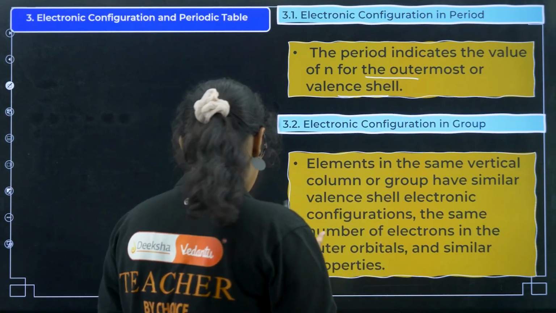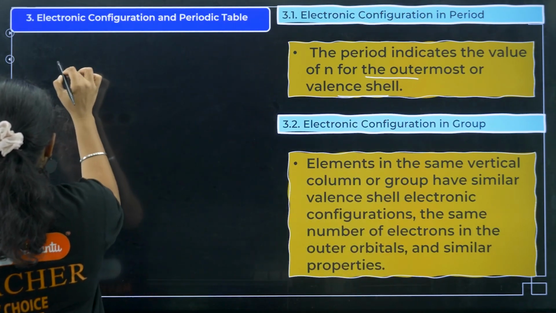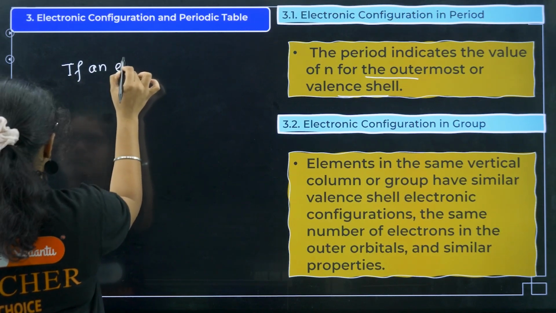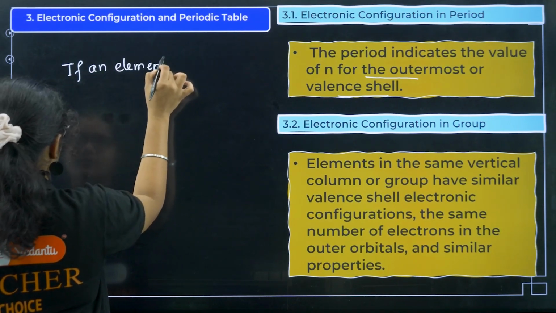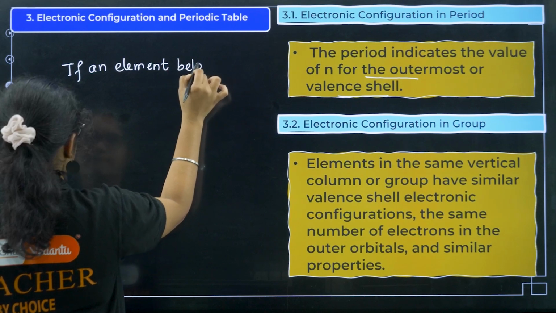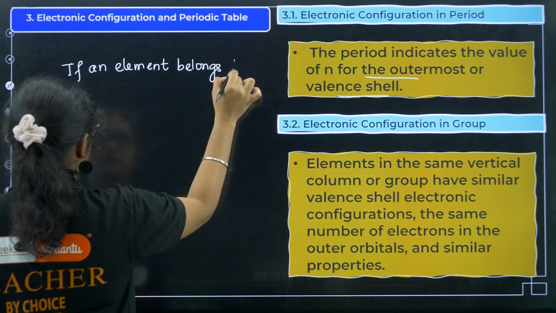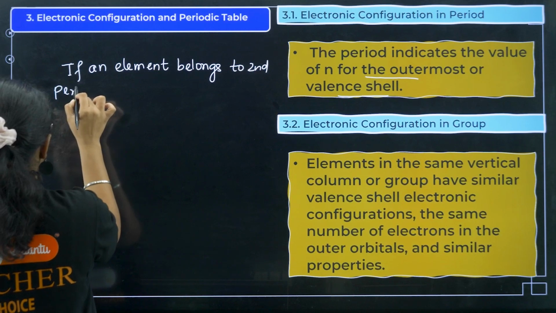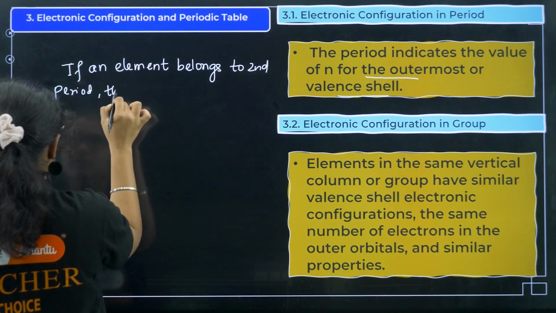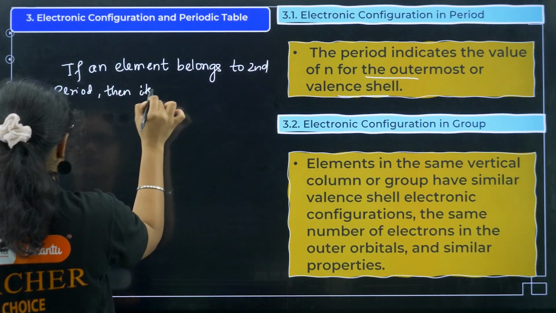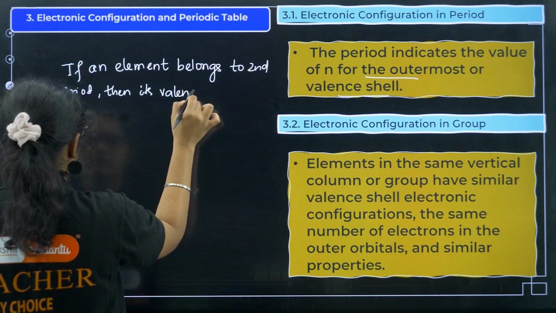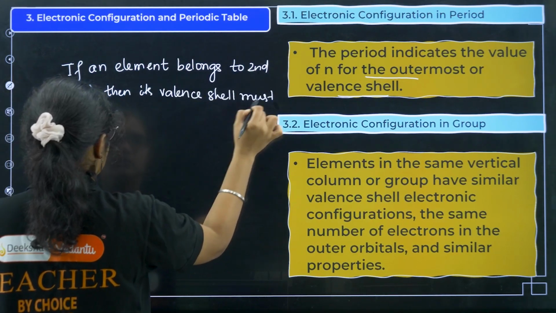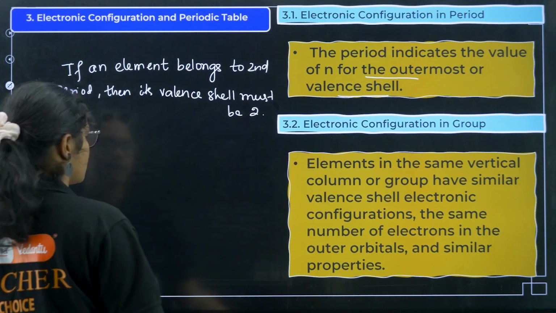In layman's terms, I can say that if an element belongs to the second period, then its valence shell must be 2, okay?